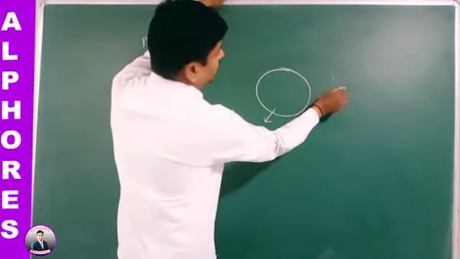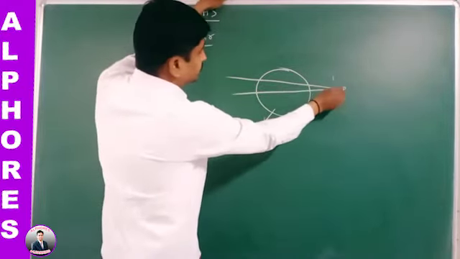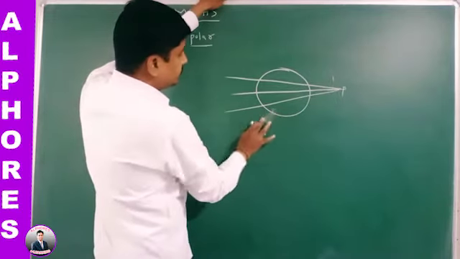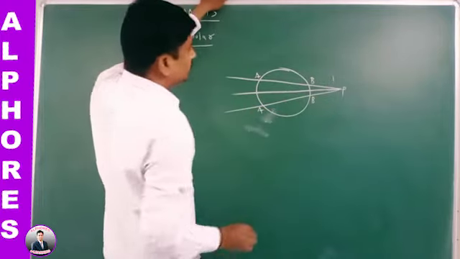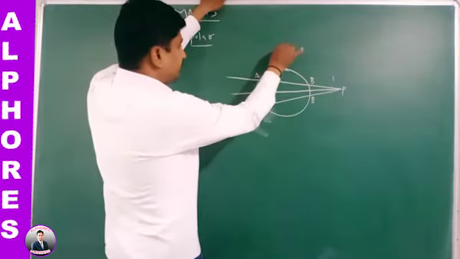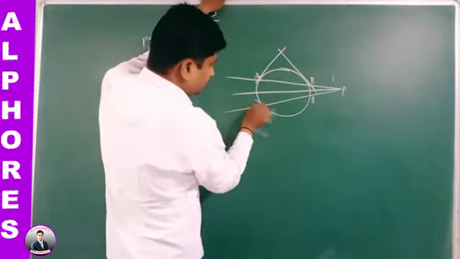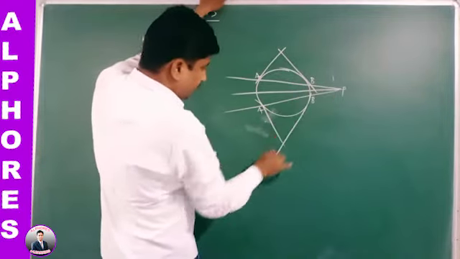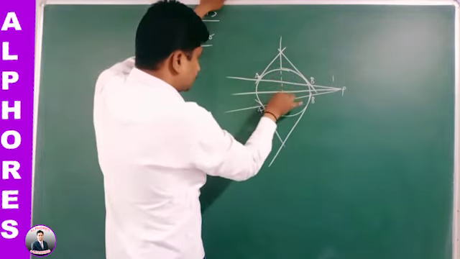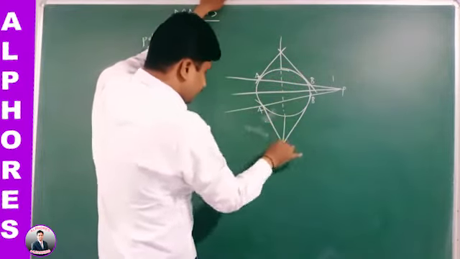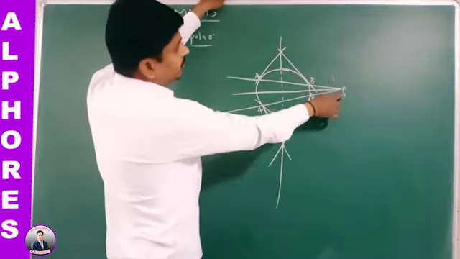Any line passing through P meets the circle in 2 points A comma B. Now, the points of intersection of the tangents drawn at A comma B lie in a line. That line is called the polar of P.